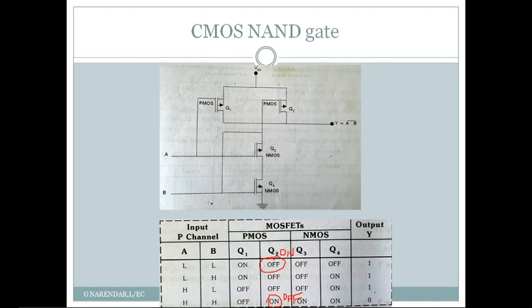So this is the circuit arrangement for the CMOS NAND gate and the working of the CMOS NAND gate, along with the states of various transistors for each combination of input, and the corresponding output is shown in this table.